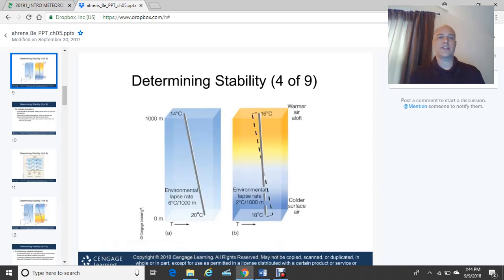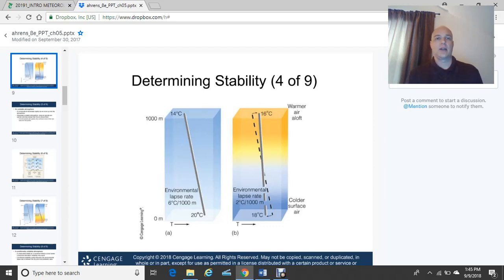So determining stability, we need to look at what's known as the environmental lapse rate, which is 6 degrees Celsius per 1,000 meters on the left there. And then we need to compare it to the actual parcel temperature. Okay? We need to determine whether the parcel temperature is warmer or colder than the surrounding environmental air.